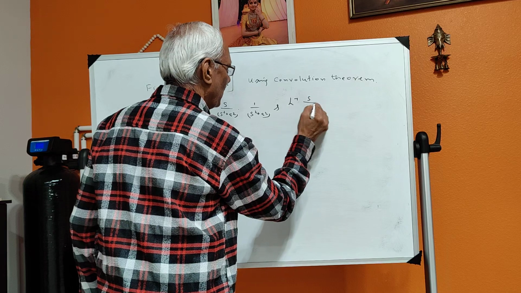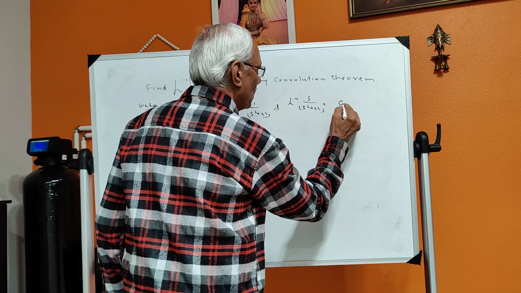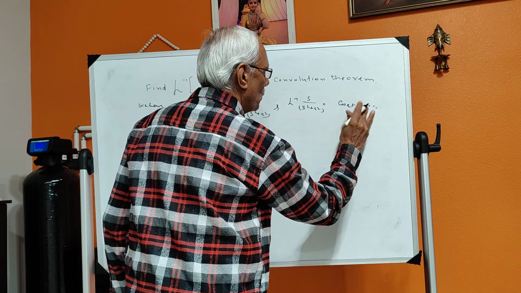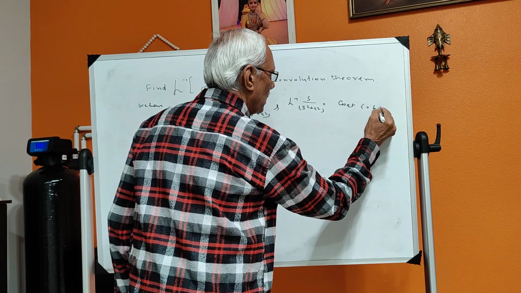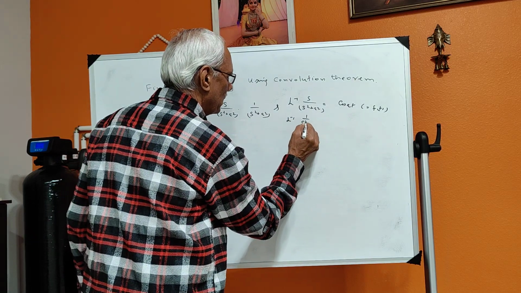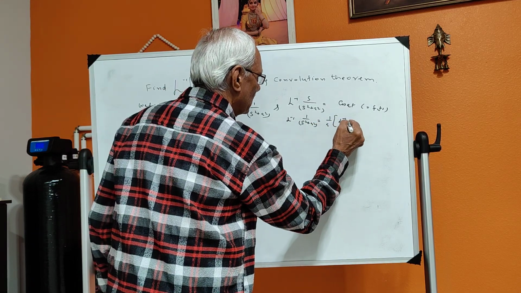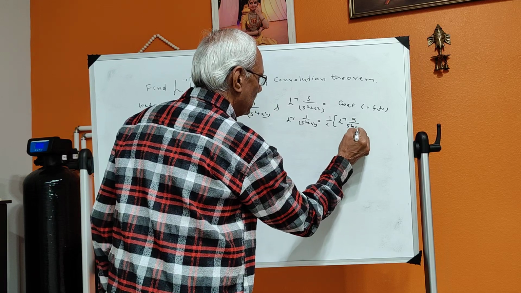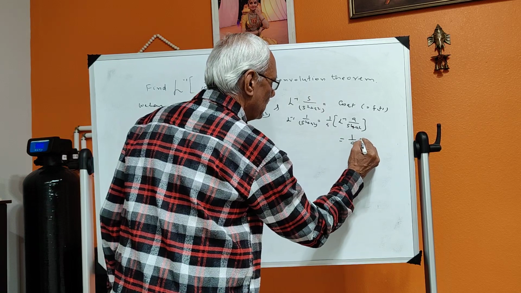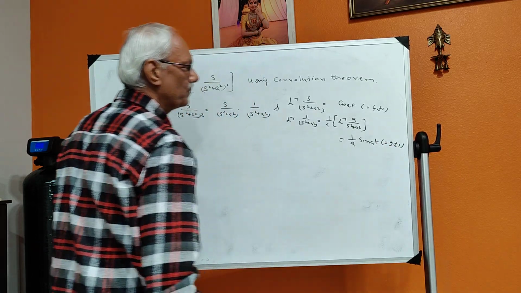L minus 1 of s by s squared plus a squared is equal to cos at, you call this f of t. And L minus 1 of 1 by s squared plus a squared is equal to 1 by a into sine at, call it g of t.